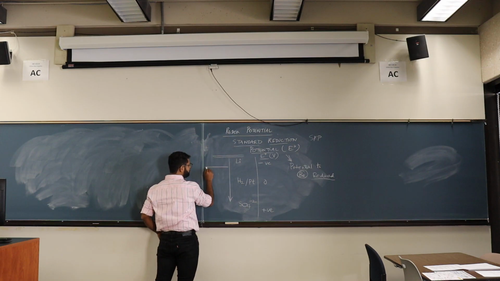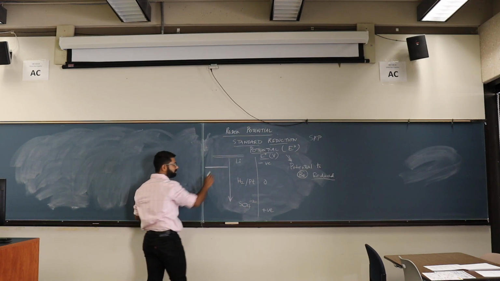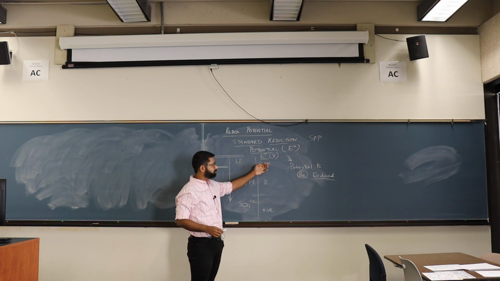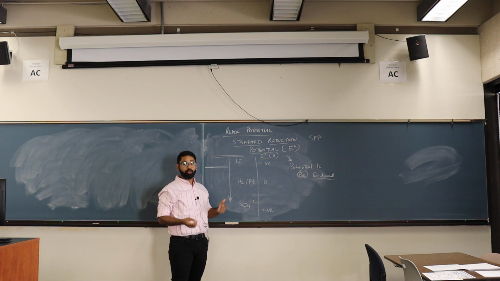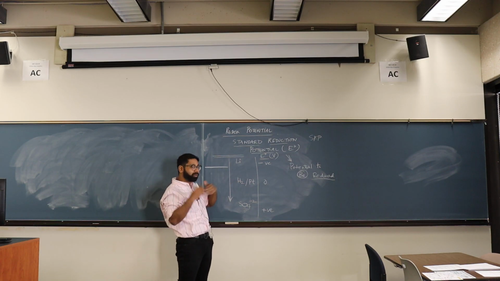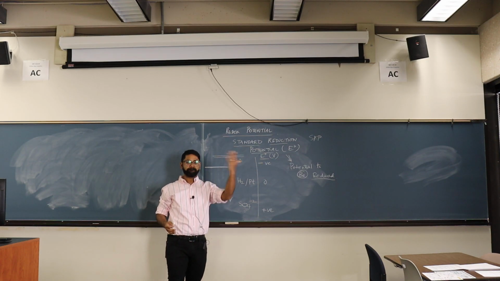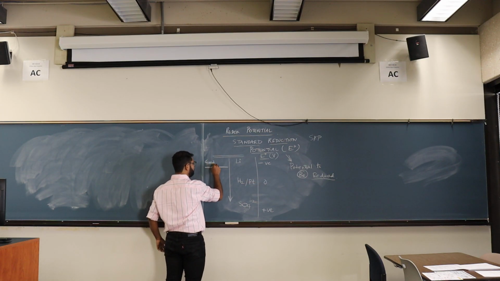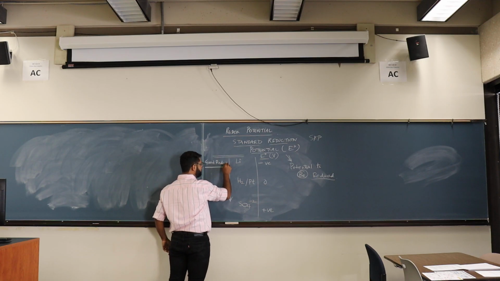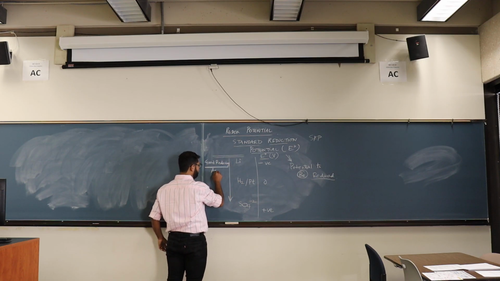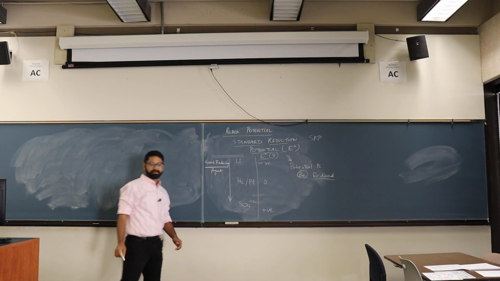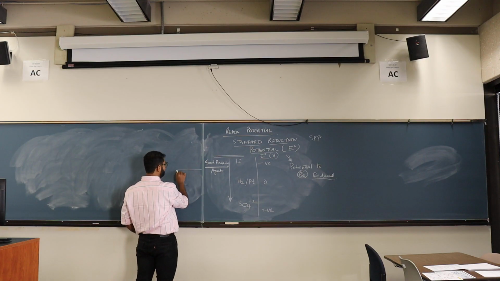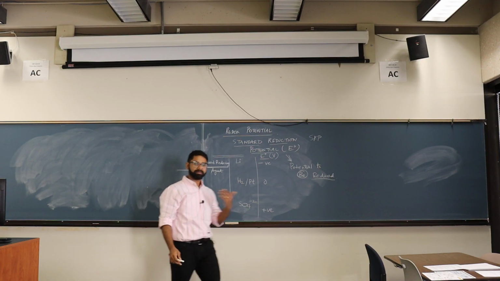Tell me, good oxidizers or good reducers? The lithium? It has a negative reduction potential. This wants to be oxidized itself. So what will this do to the others? Reducing agent. So this is a good reducing agent. Correct? If it is a good reducing agent, will this be an electron acceptor or electron donor?